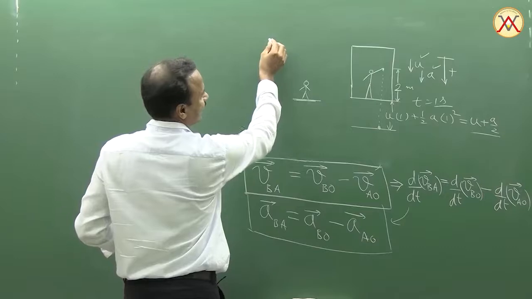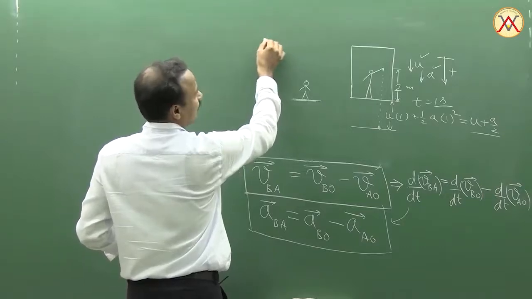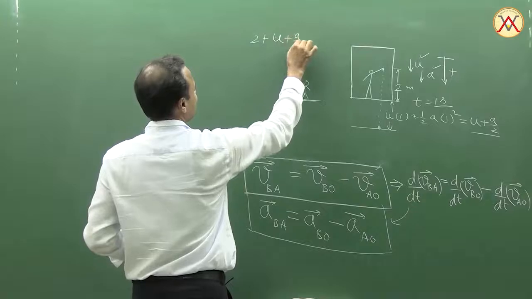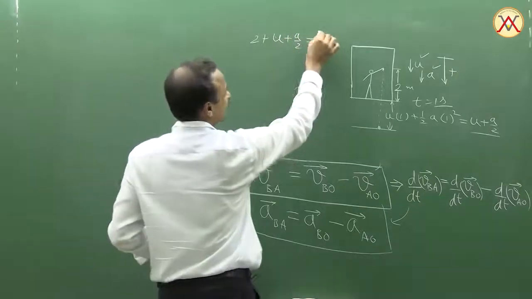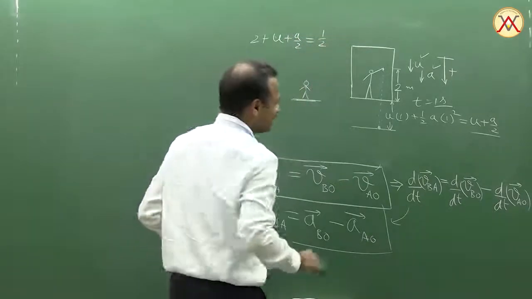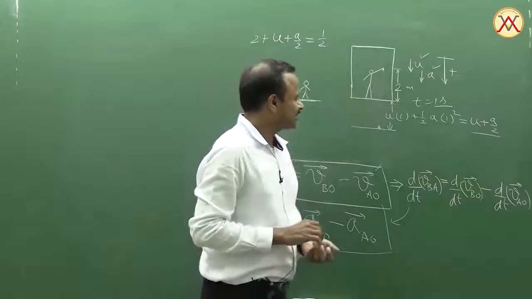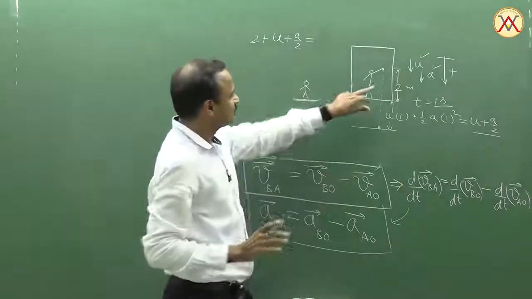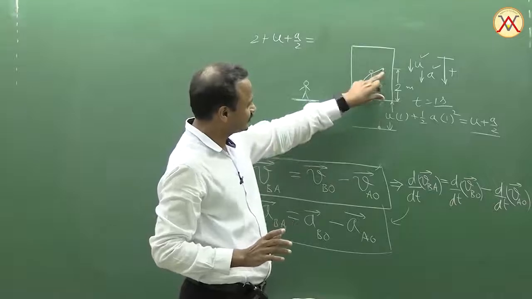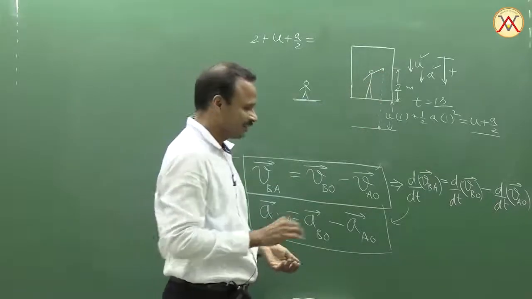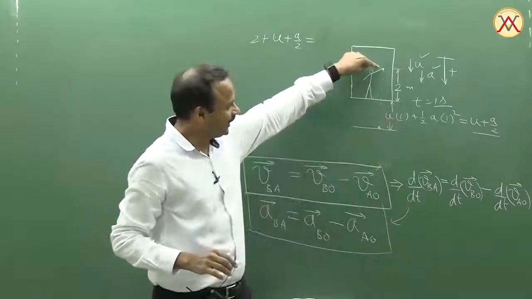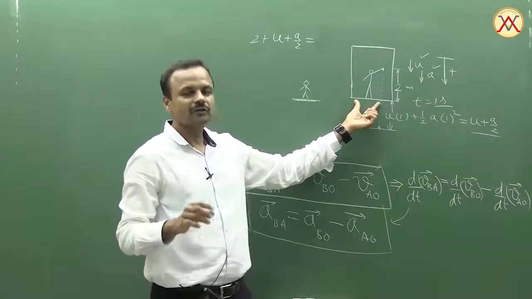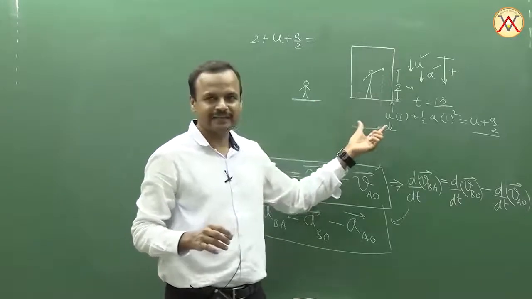This person will make an equation: 2 meters plus u plus a by 2 is equal to half. What is the acceleration, what is the initial velocity, and the half will come later. So, what is the initial velocity of this coin and the acceleration? This coin was released by a person who was moving along with the elevator.